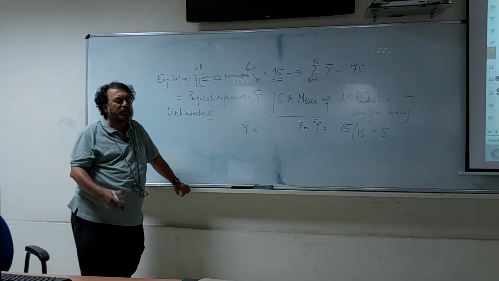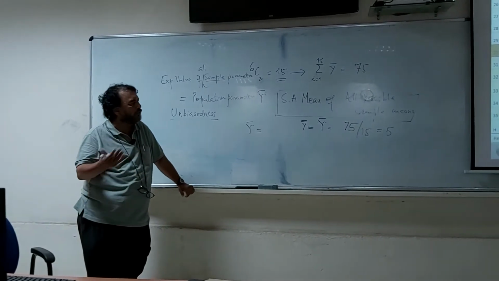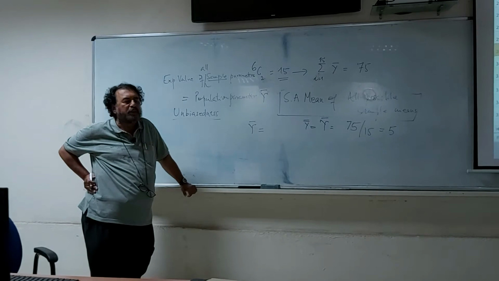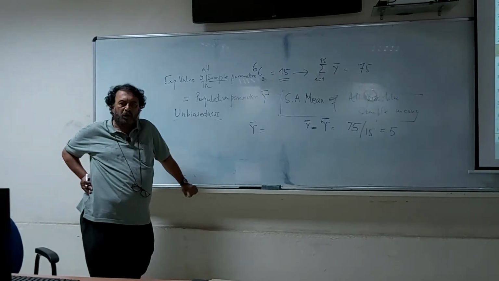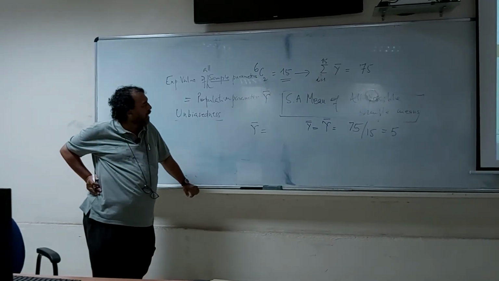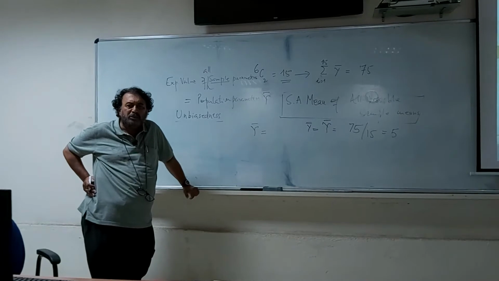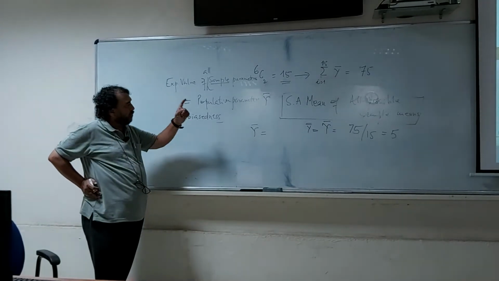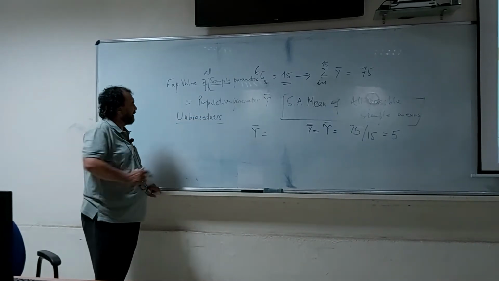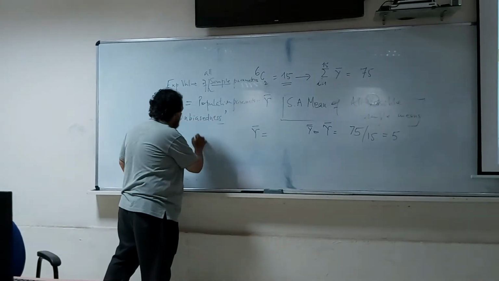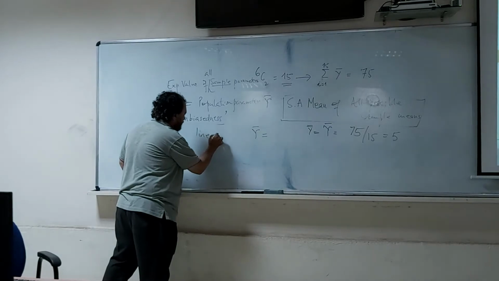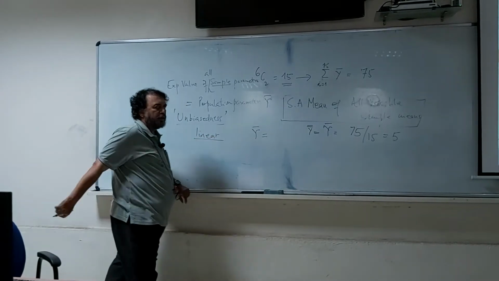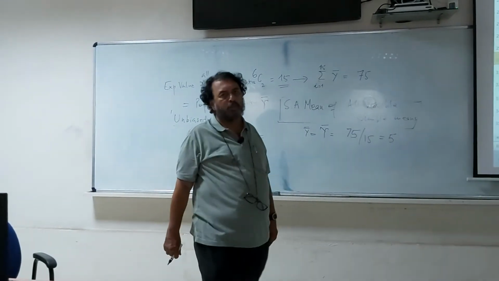Later we will see when we extend these ideas to other formulas such as, for example, estimating slope parameters on the basis of sample data. There the parameter would really mean slope, not necessarily arithmetic mean. But what is important at this stage is that arithmetic mean, as we discussed in the last lecture, is a linear function of sample values or the population values.